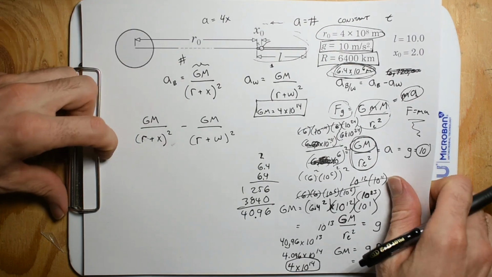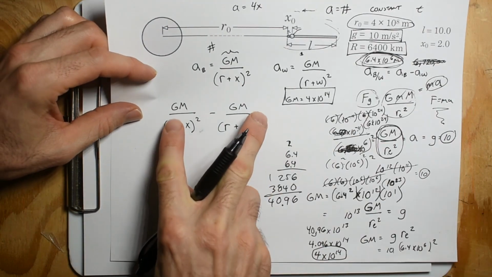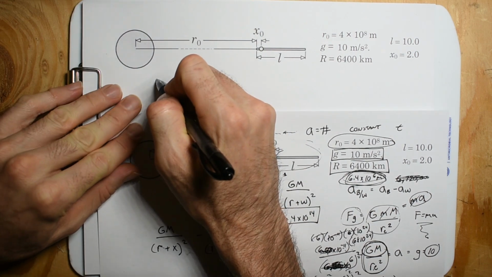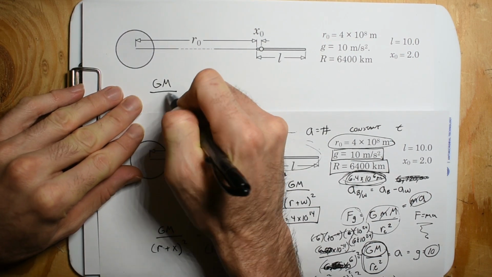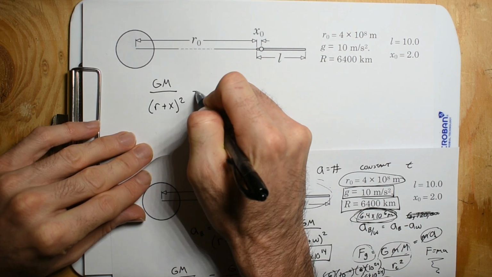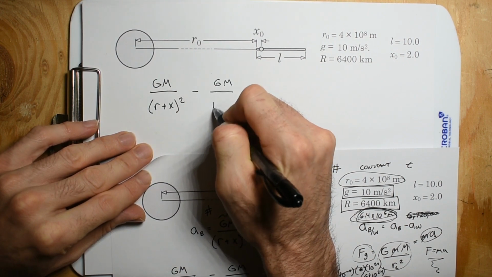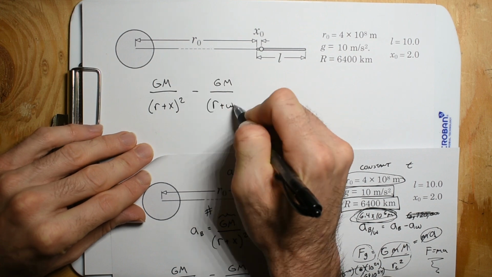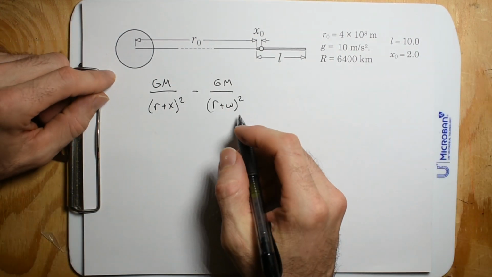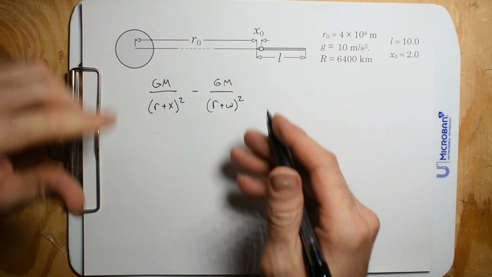All right, so I'm going to rewrite this, and we're going to figure out how to get a value on this. So we have that relative acceleration is GM over the radius to the bead squared minus GM over the radius to the center of the rod squared. All right, and we want to get a value.